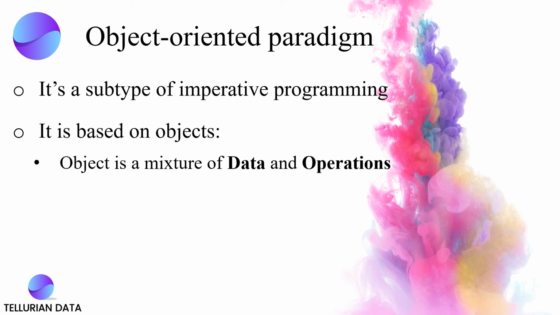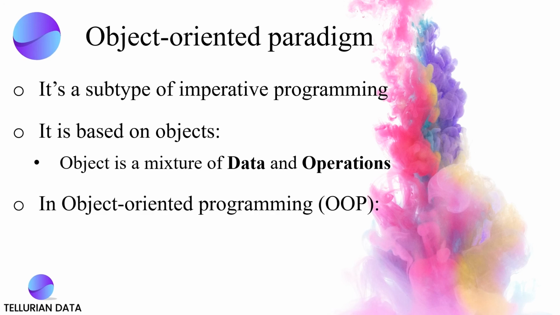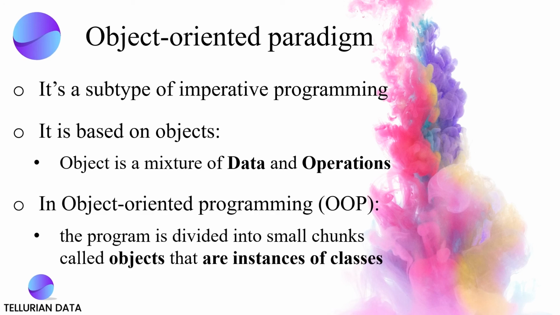So the object is a mixture of data and operations. Simply speaking, in object-oriented programming, or just OOP, the program is divided into small chunks, called objects, which are instances of classes. So for now, we're going to stop here.